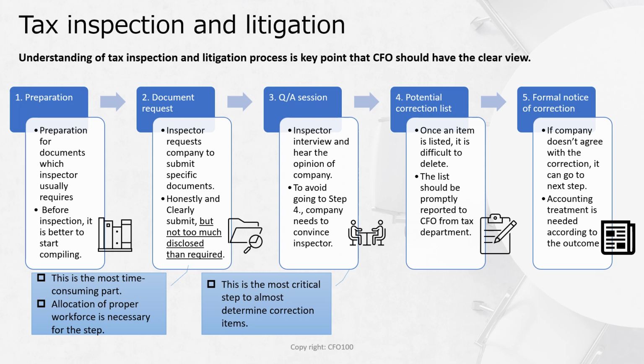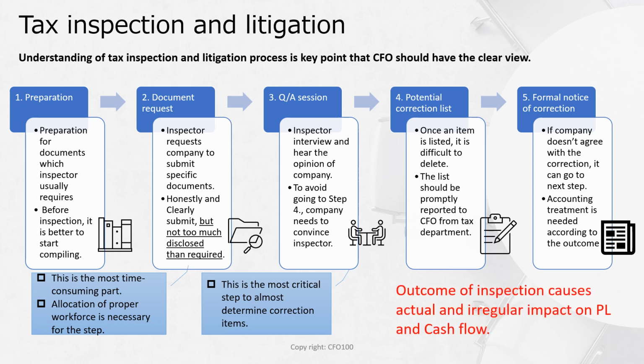The impact of tax correction has a direct influence on PL and cash flow of the company when the correction is determined. So, the tax inspection team needs to have good communication with the accounting team and CFO.